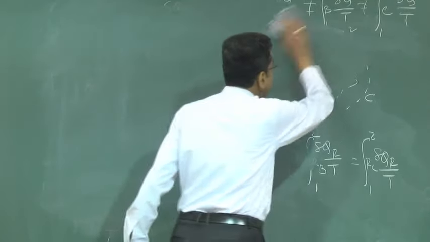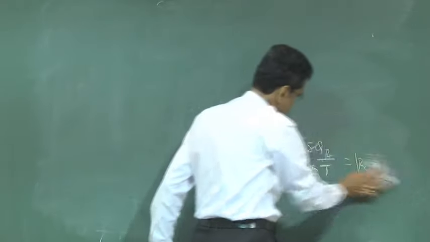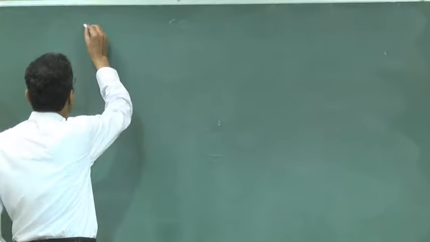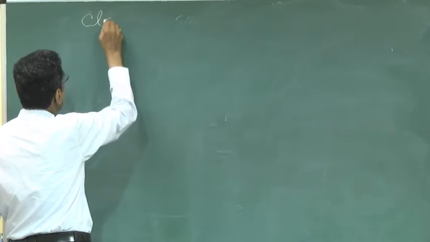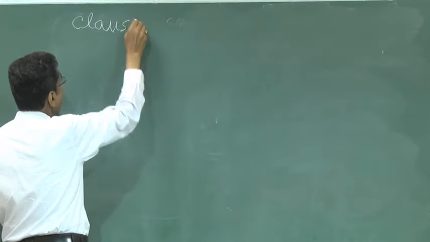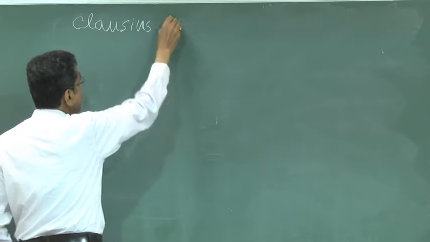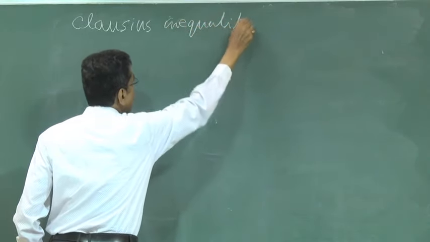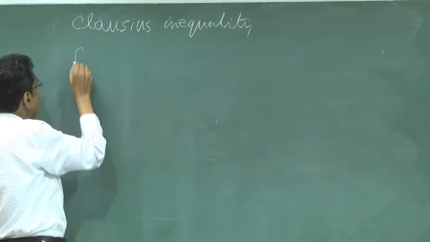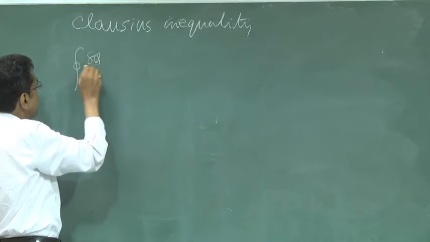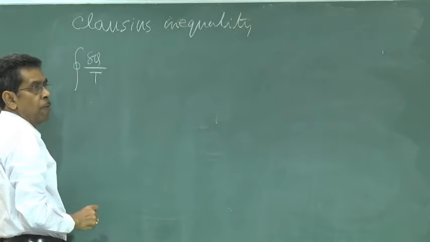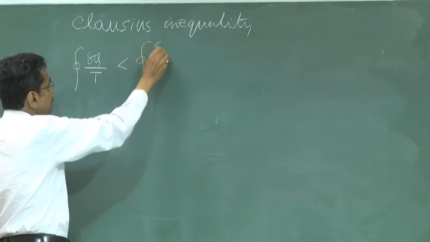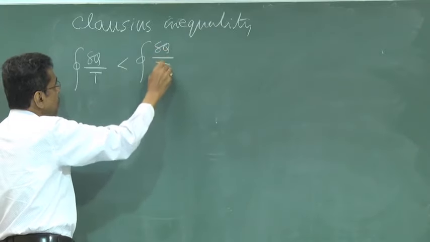It has a very simple proof and concept. I tell you the result: the cyclic integral of del q by T for an irreversible process is less than del q by T for a reversible process.